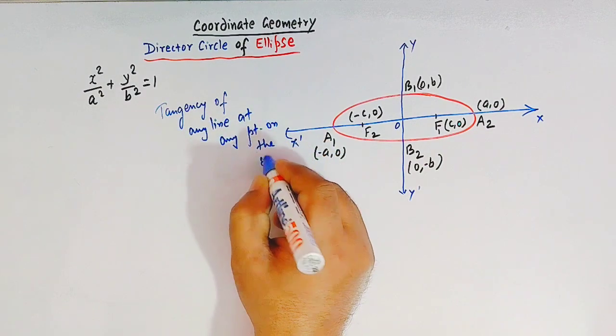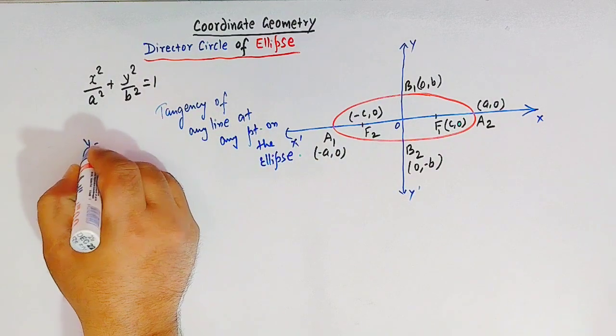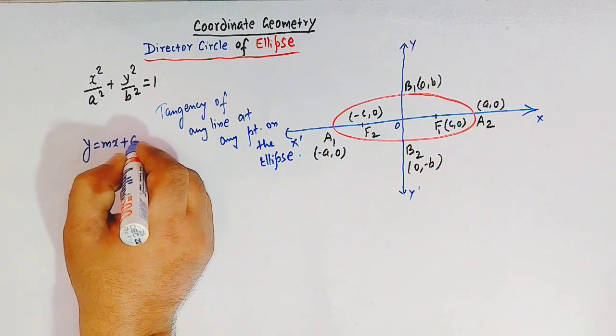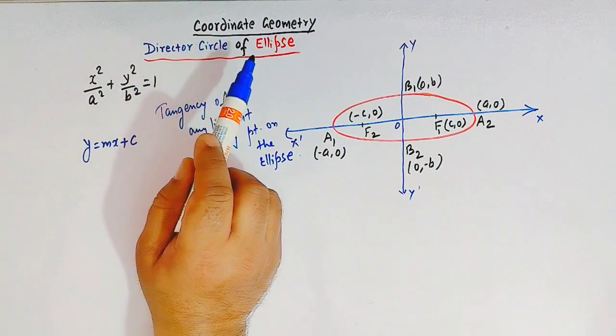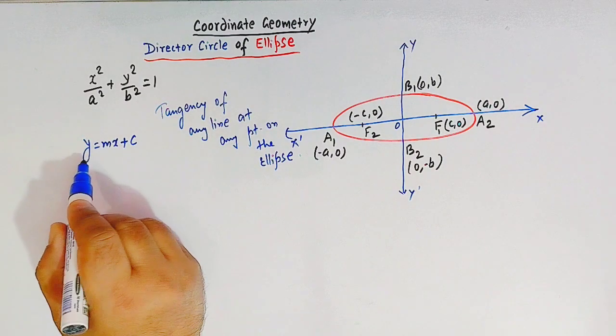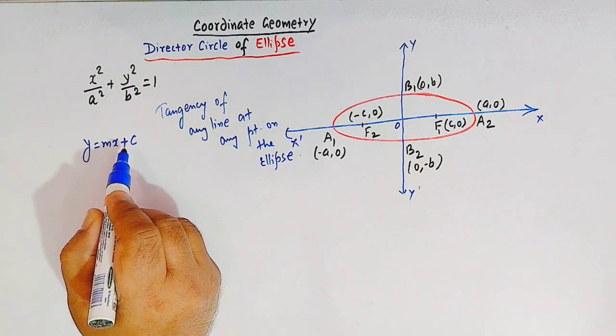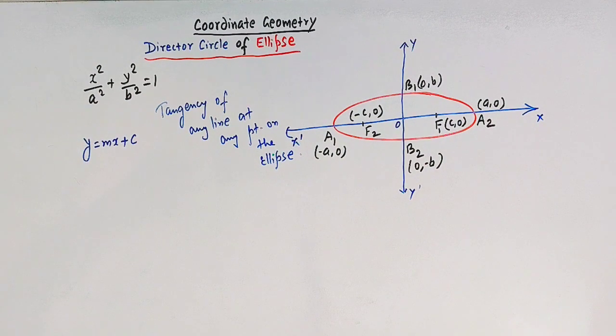Here we'll consider the line y is equal to mx plus c, and the condition when this line is tangent to this ellipse.